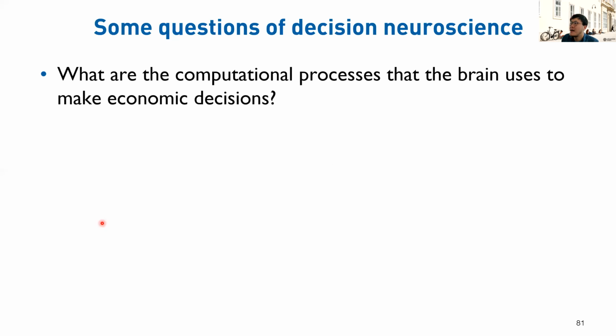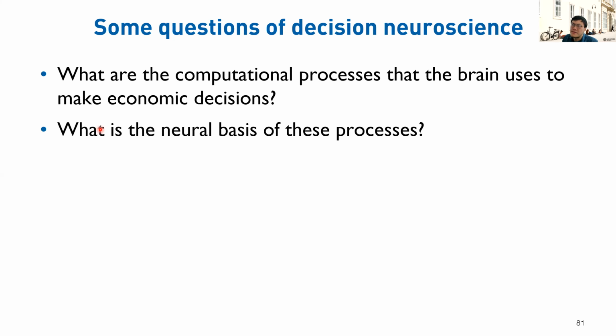Okay. And in the field of decision neuroscience, what are the questions that we usually ask? So here are a few examples. The first one is, what are the computational processes that the brain uses to make economic choices, economic decisions? This is pretty general, right?